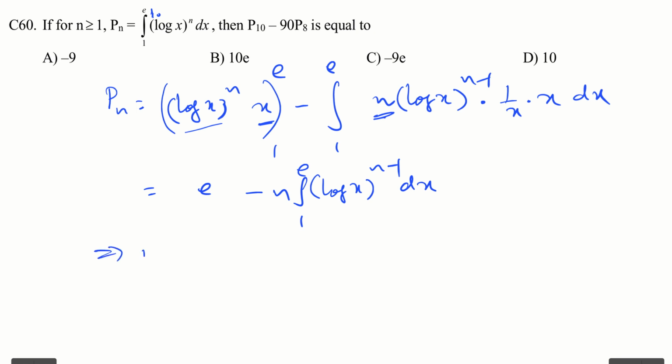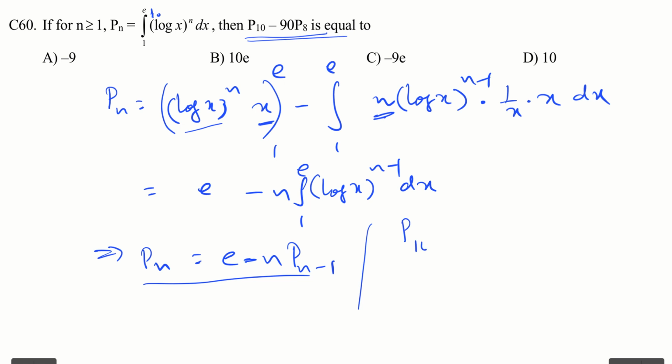So it is nothing but Pn is equal to e minus n times Pn minus 1. Now observe that in the relation that we have to calculate, we have 10 and 8 are there. So taking n equal to 10 in this relation, I have P10 is equal to e minus 10 into P9 and P9 is equal to e minus 9 into P8.